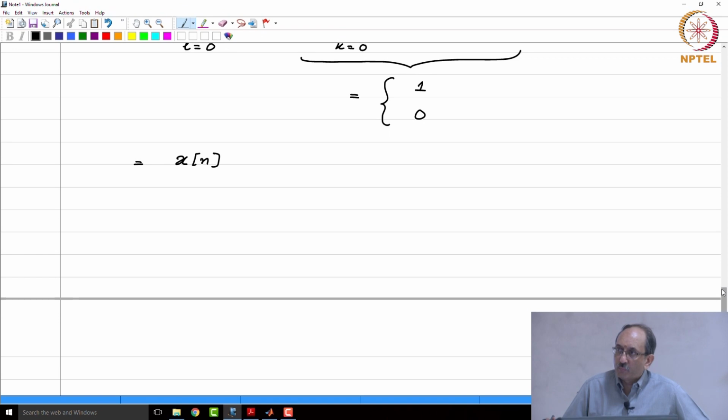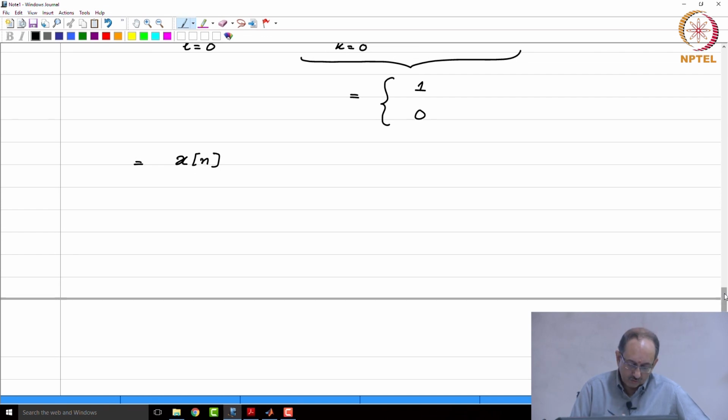Now, there is another viewpoint of the DFT. We can think of the DFT as being samples of the DTFT. When we started off with the DFT definition, we just gave it as here is the formula, take it, with no explanation, but now whatever we have seen so far has shown that this is consistent: if you start off with this as the definition of the DFT, then you get this as the inverse and they are consistent.